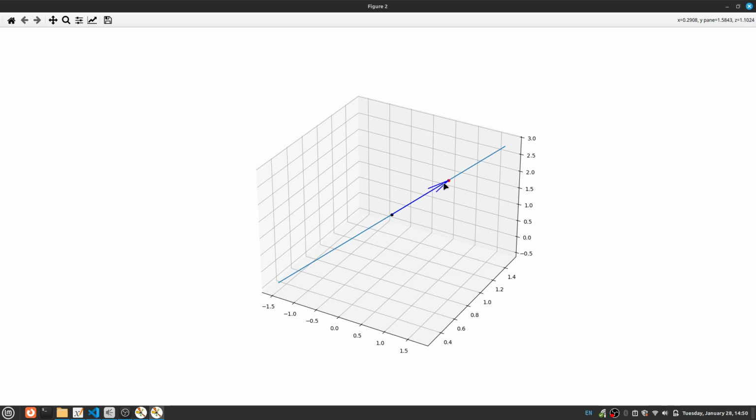Right, so this is x1, y1, z1. This is x2, y2, z2. The line or the ray in the direction of x2 minus x1 originating from x1 is basically this.